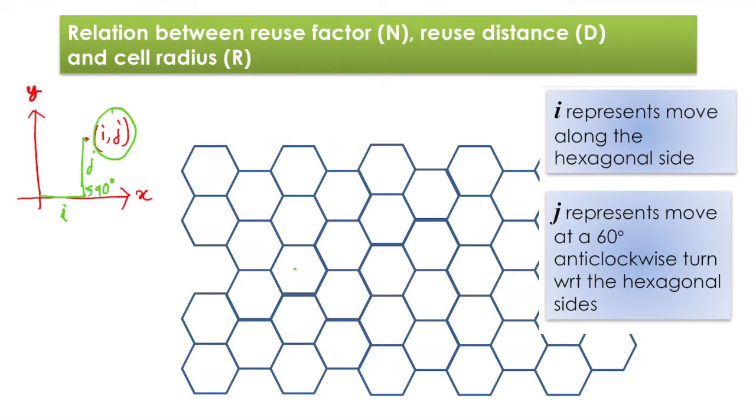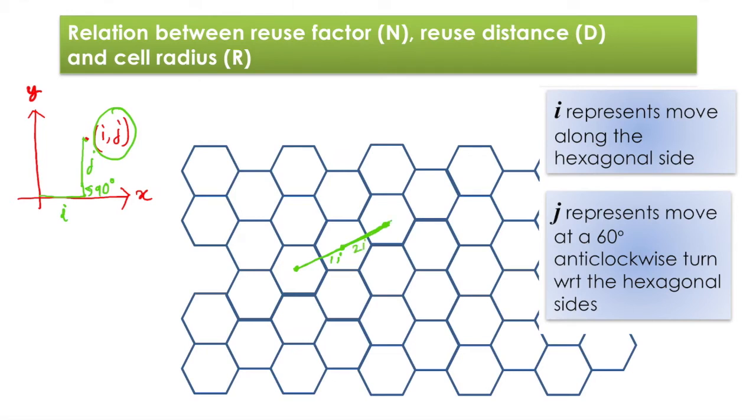In a hexagonal plot, to locate a particular coordinate (i, j), we move i distance along the sides. The distance between the centers of neighboring cells is considered as 1i, and if we move two cells, then it will be 2i.